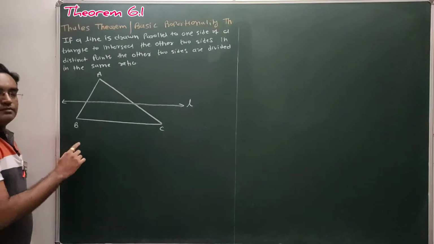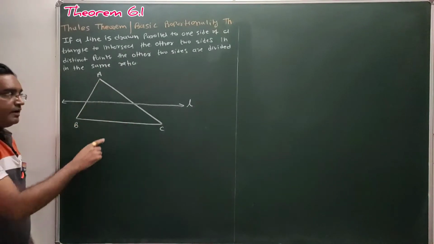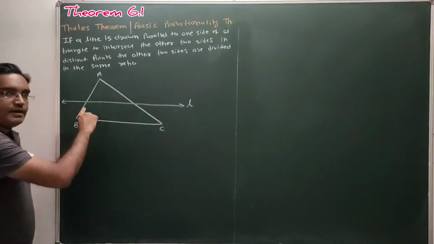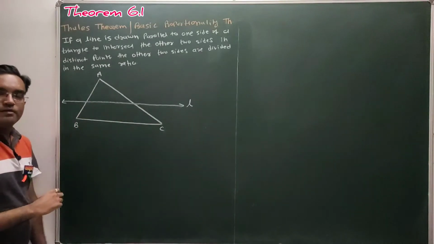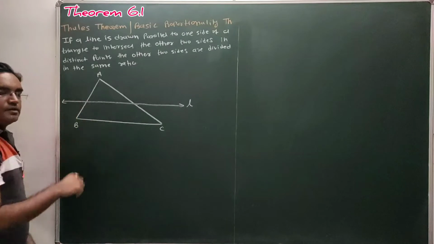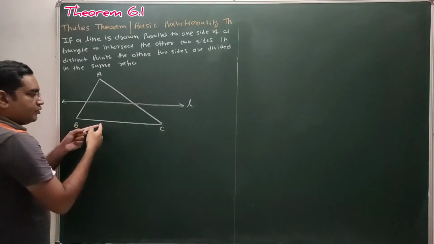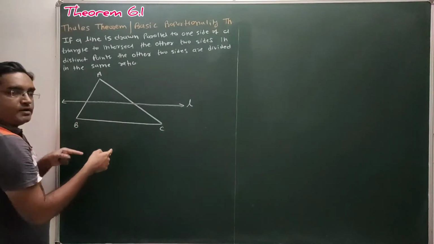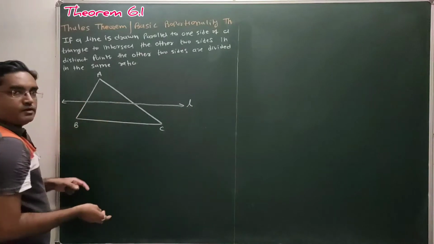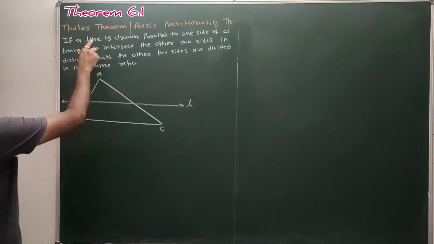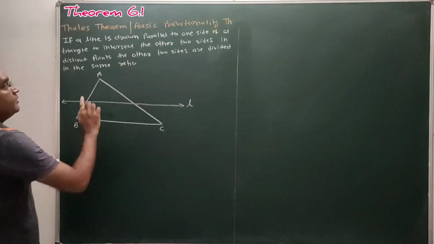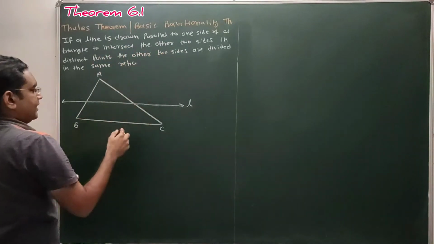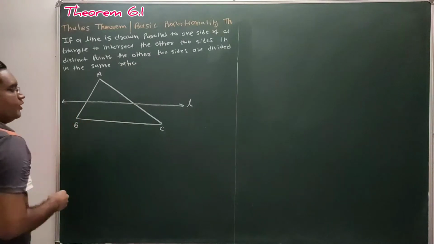So this is given. Triangle ABC is given and line L is given. Line L is parallel to side BC of triangle ABC. Line L intersects the remaining two sides in two distinct points.